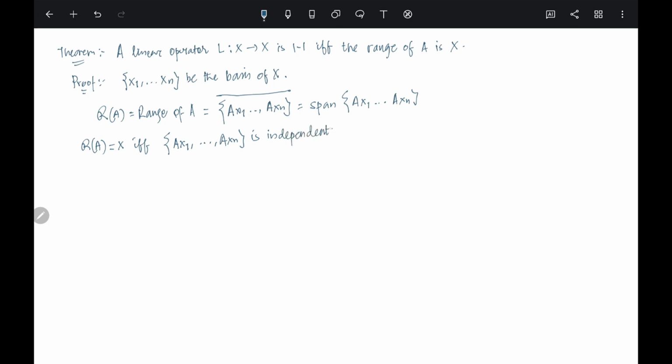Clear? So R of A has to be x if and only if this set is independent. Basically we have to show that A is 1-1.